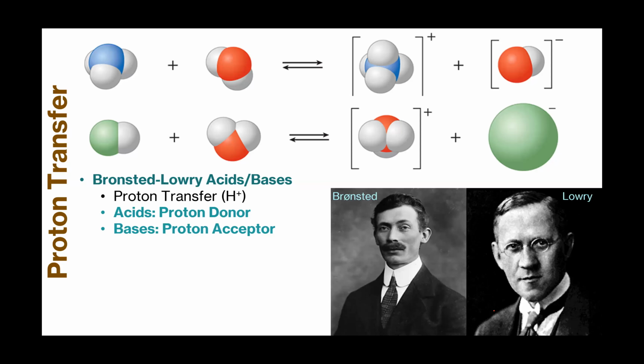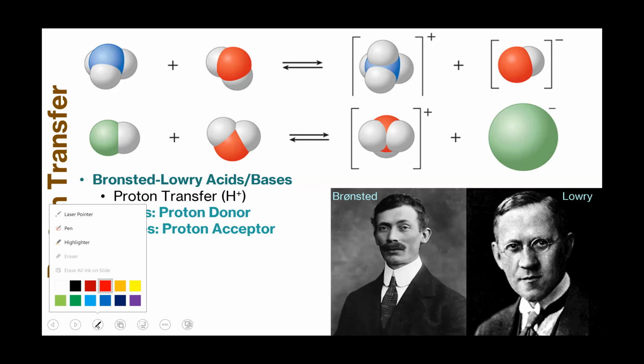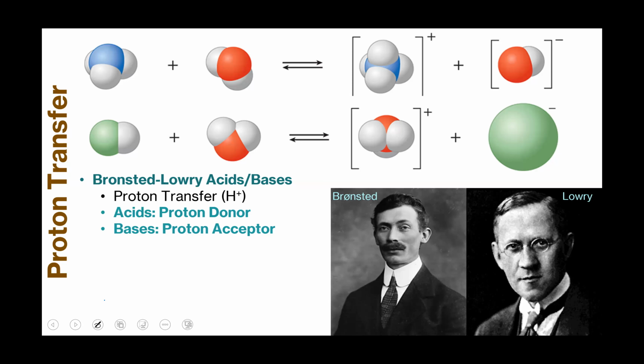It was these guys, Bronsted and Lowry, who came around and gave us an updated definition about what acids and bases are. They came at this from the idea of a proton transfer, meaning that an H plus ion is moving from one thing to another during a reaction. If we look here, we have water and we have ammonia.